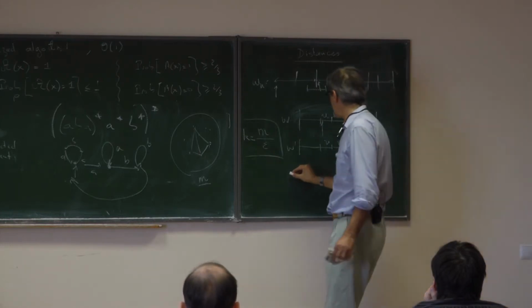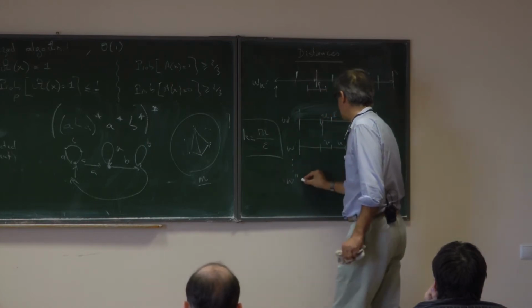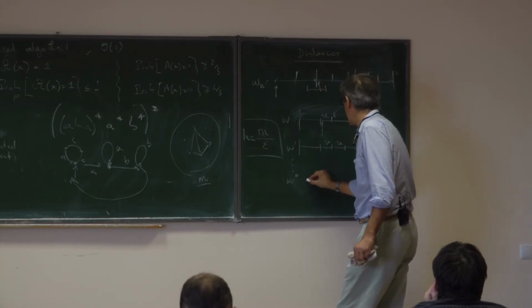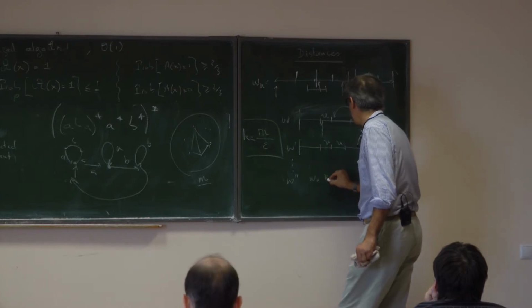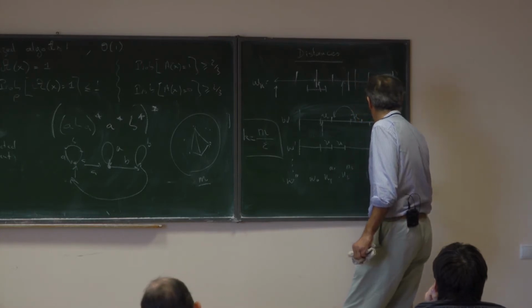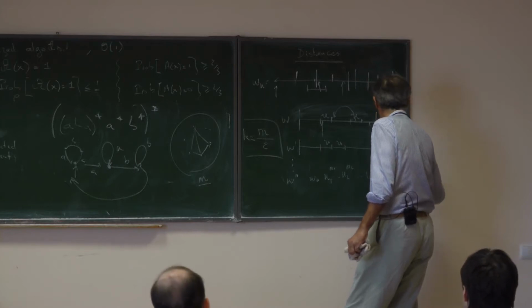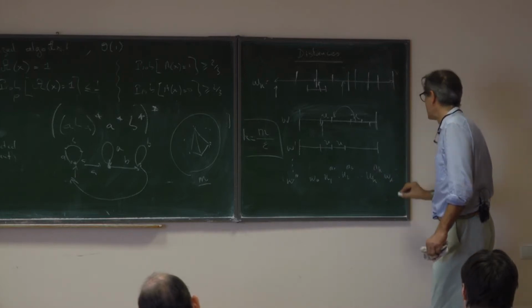So I can conclude that I can get a word, W double prime, where I will have, say, a small prefix W0, and then U1 to the A1, U2 to the A2, UK to the AK, maybe some other W alpha.